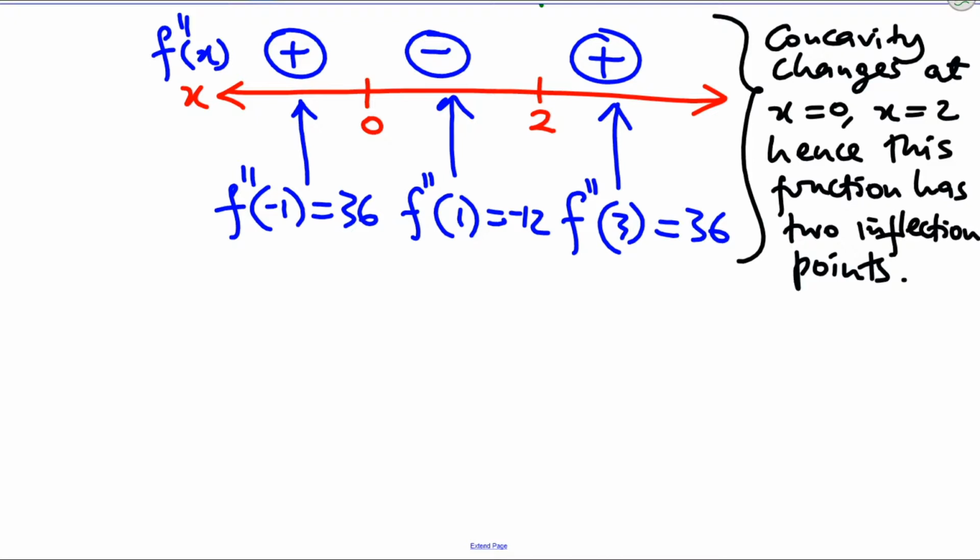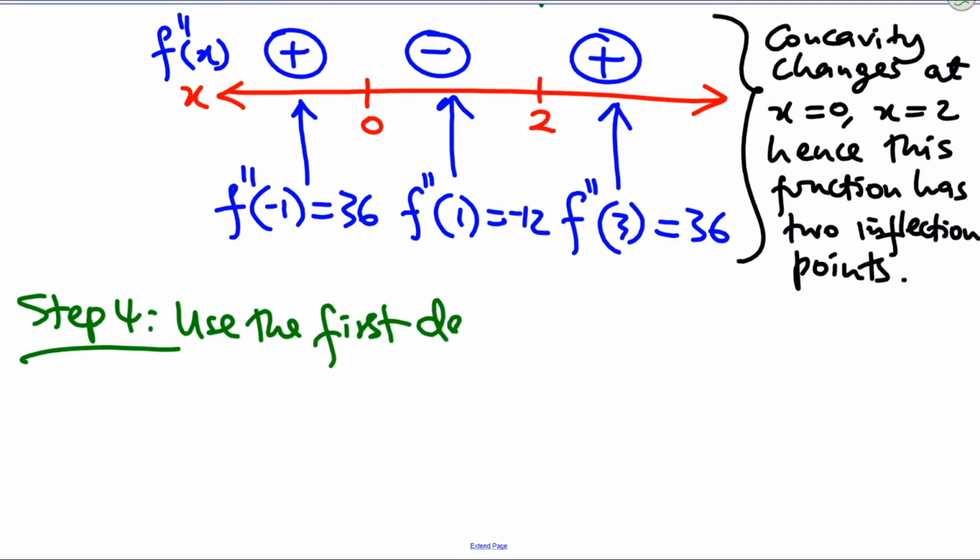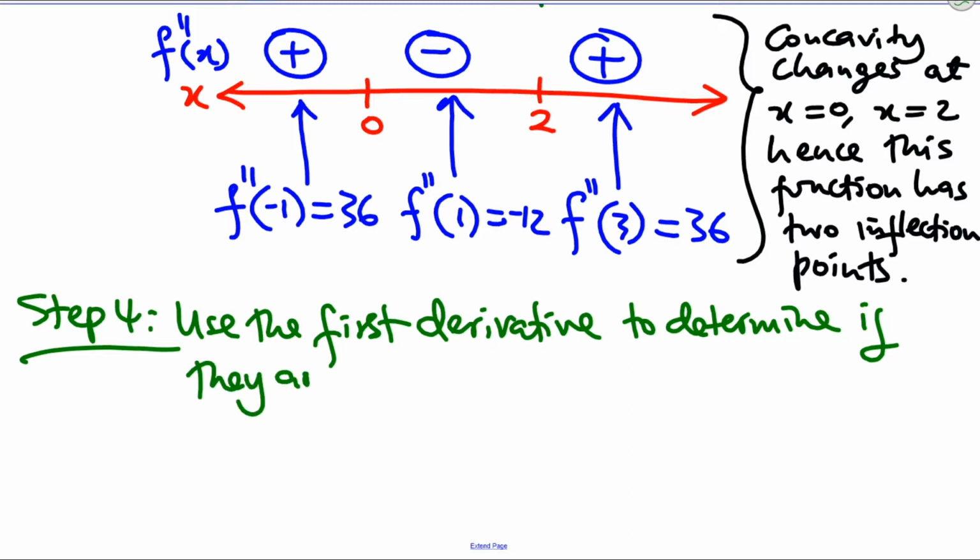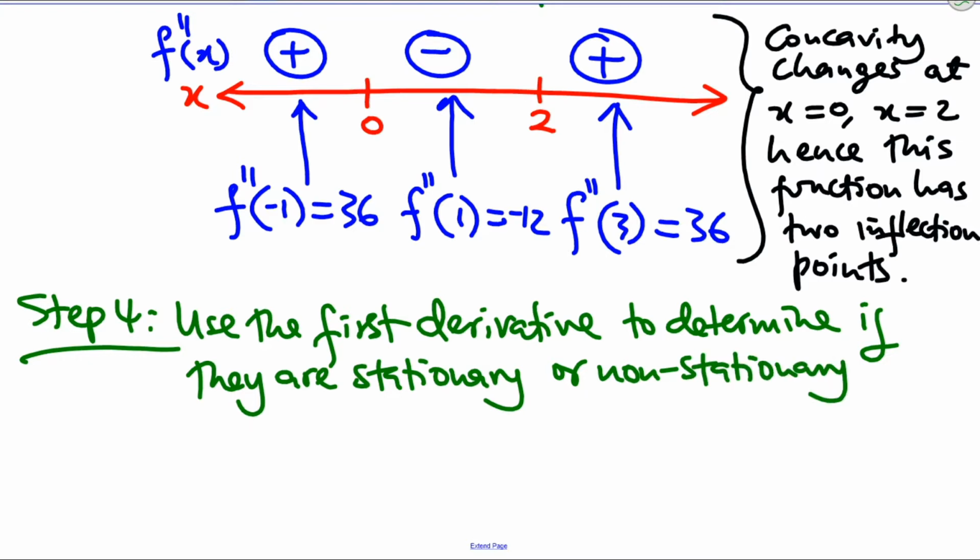So step 4 is to use the first derivative to determine if they are stationary or non-stationary points of inflection.